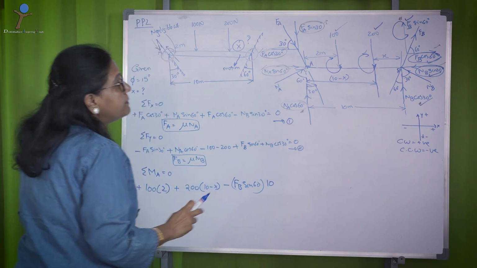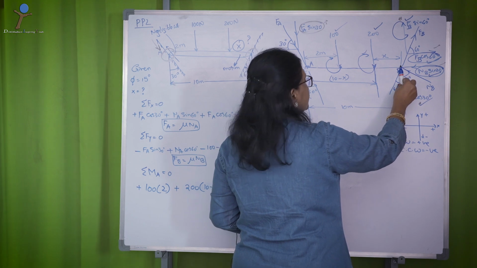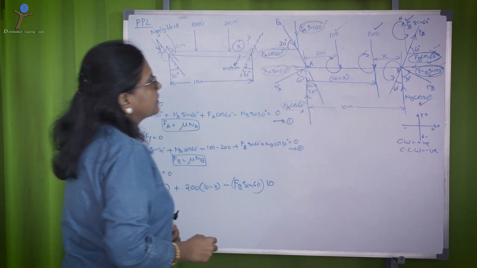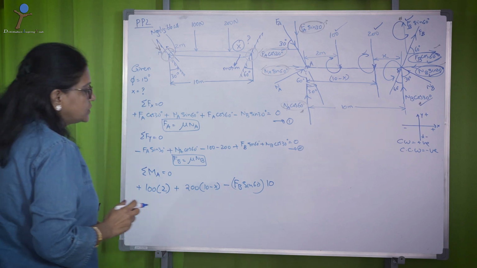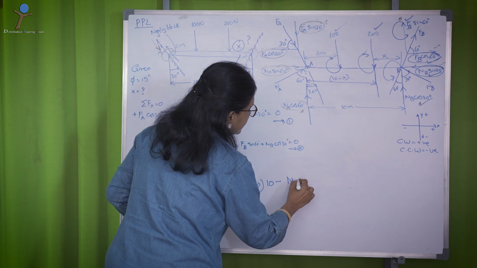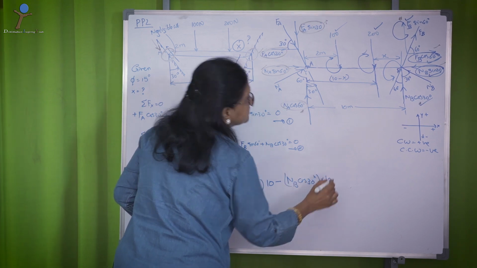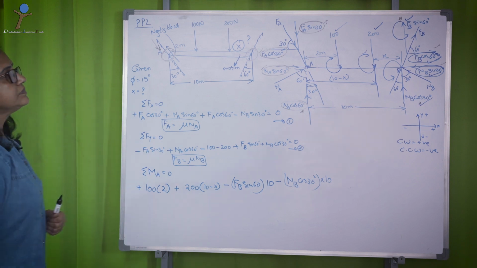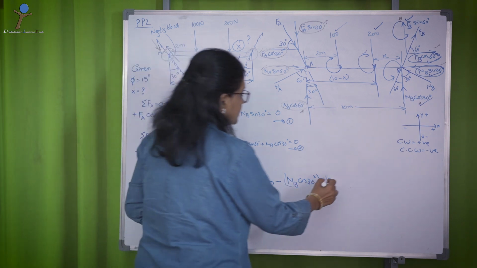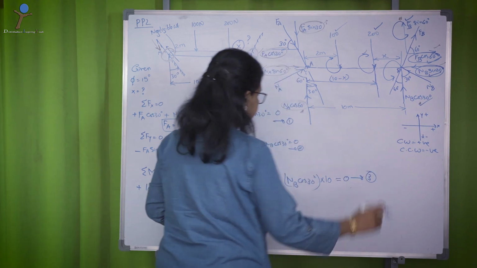Then your NB cos 30 here will contribute to the moment, moving in the counterclockwise direction, that is minus NB cos 30 multiplied by 10, that is equal to 0. So, this is equation number 3.